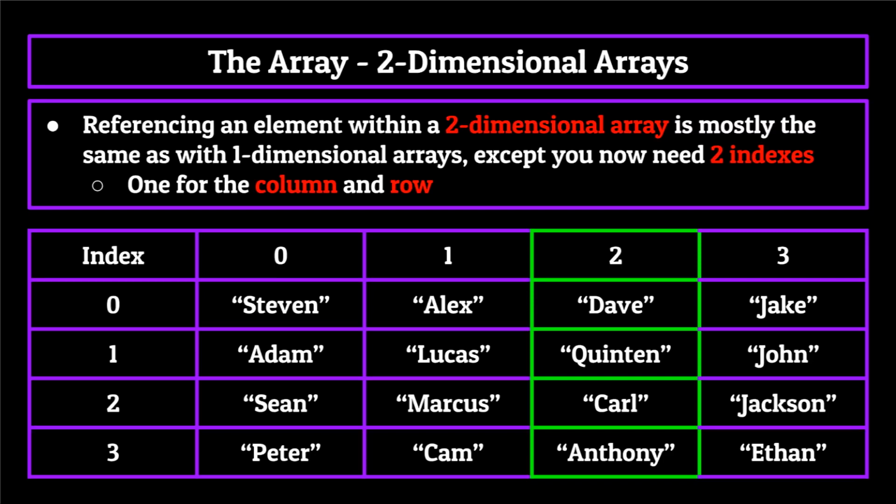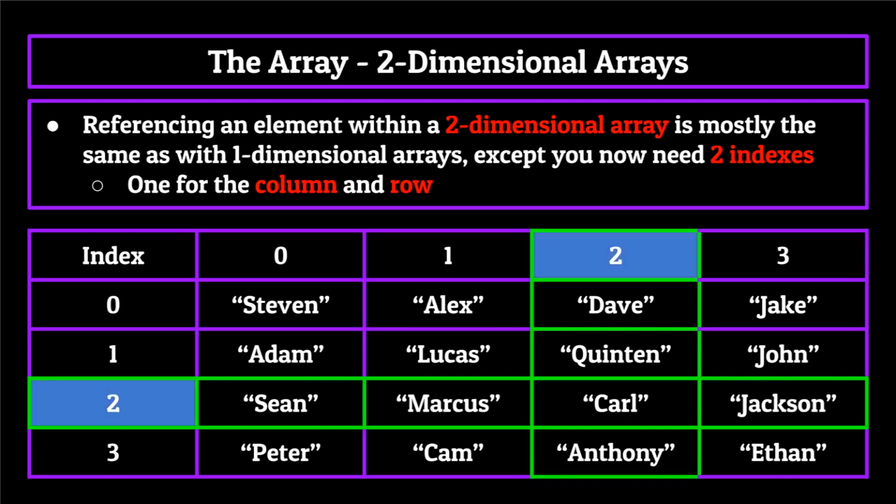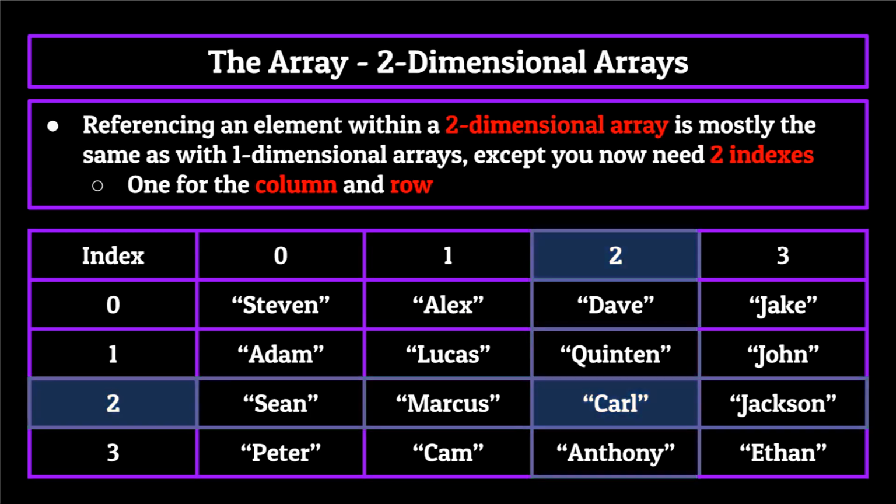Next, you would single out the row which contains the name you're looking for. In this case, the name Carl is in the 3rd row, so we would again use the 2nd index to reference it. Combining these two pieces of information gives us the index location 2, 2. And if you look, Carl is indeed at index location 2, 2.